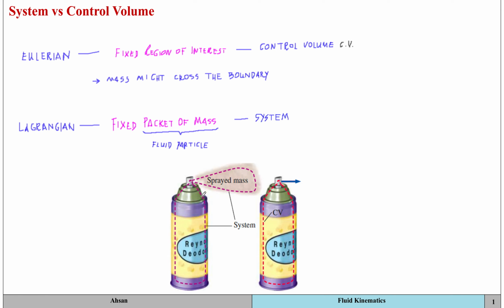Now the thing is that all of the physical laws that govern the motion of a fluid are stated in their basic forms in terms of the system approach. For example, F equals ma is only valid for a system. It's not valid for a control volume. Likewise, when we talk about the mass of a system being constant, or the time rate of change of momentum of a system being equal to the sum of forces acting on the system.